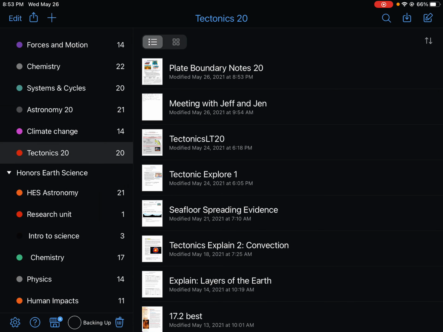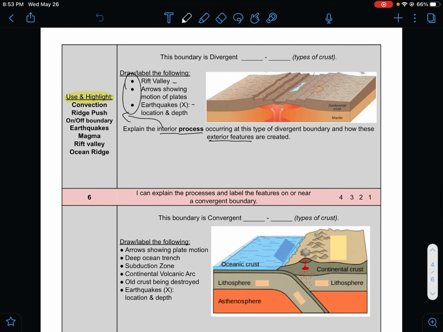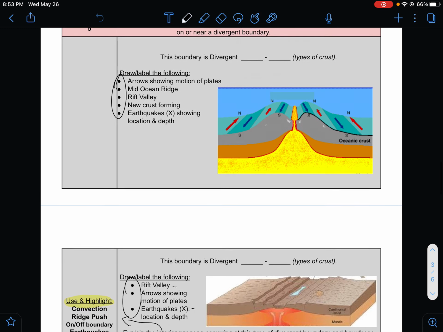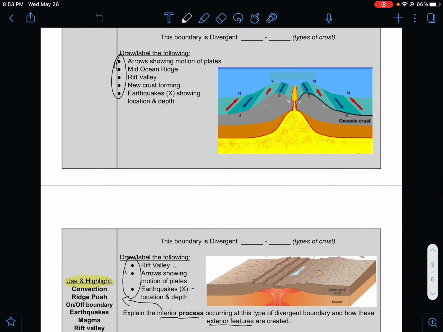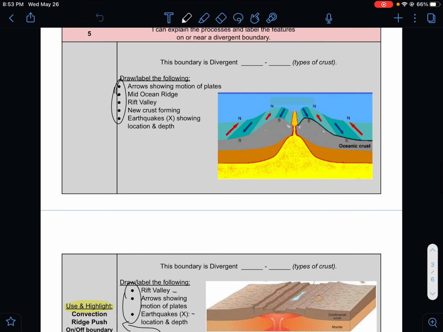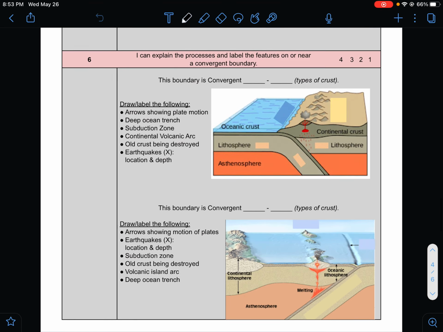The next thing I want you to do is actually go over to your learning targets. So learning target 5, this was what I assigned you on Tuesday, was to go through the first 2 sections on divergent and transform, and then fill out number 5.